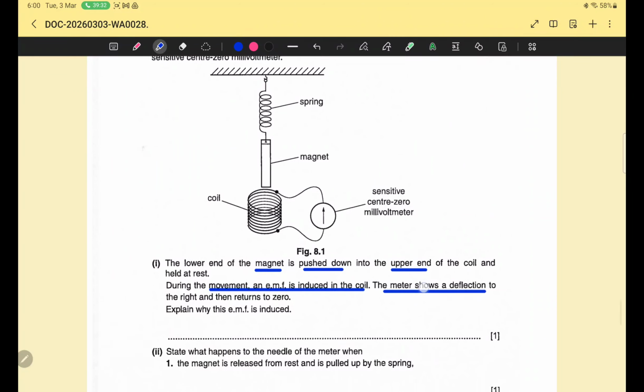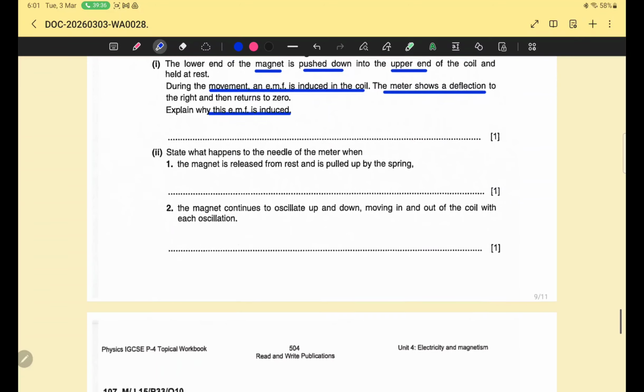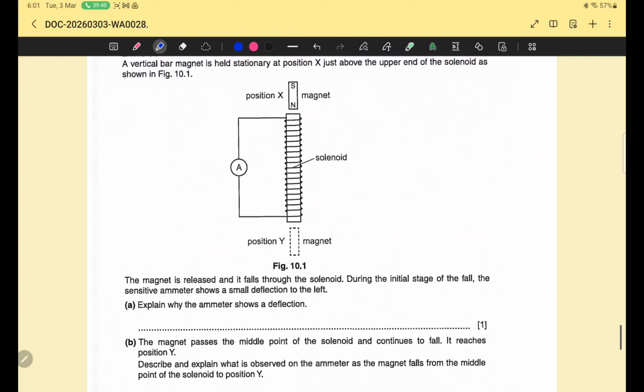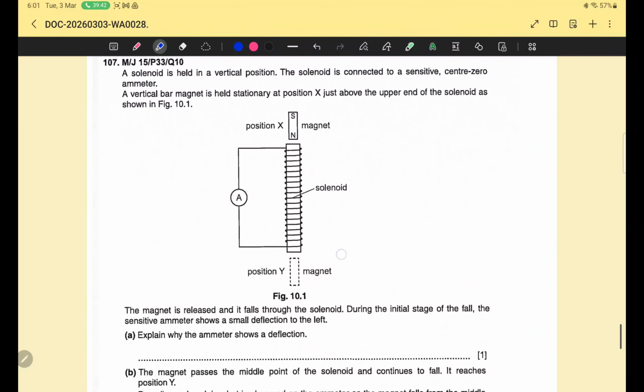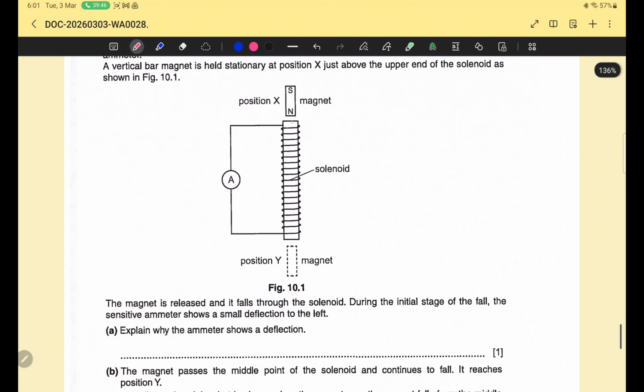The meter shows deflection. Why is EMF produced? Sir, old question. We should not solve this question. But I think I should explain. The explanation is the North Pole at the bottom, the South Pole at the top. Okay, you are given this situation.